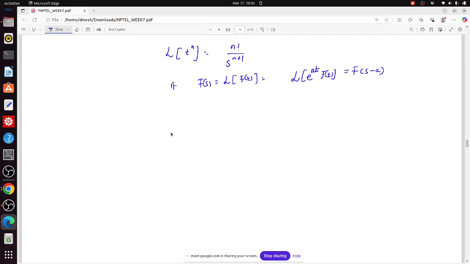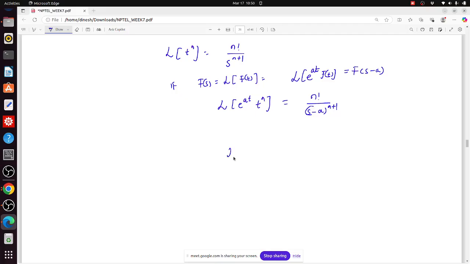So the Laplace transform of e to the power at into t to the power n will be equal to n factorial by (s minus a) to the power n plus 1.